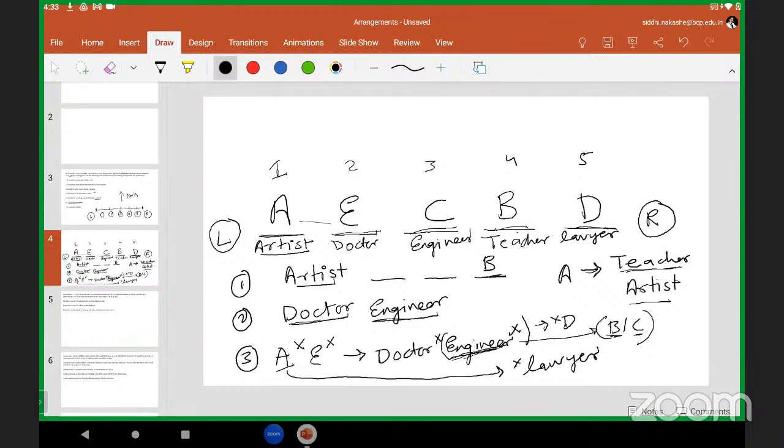So similarly, E is not doctor or engineer. Okay, so one condition is missing over here. Fine.